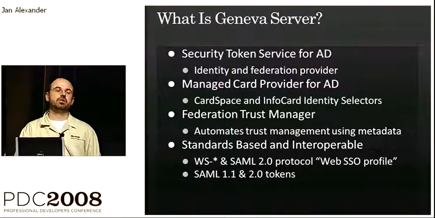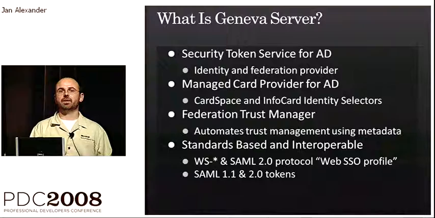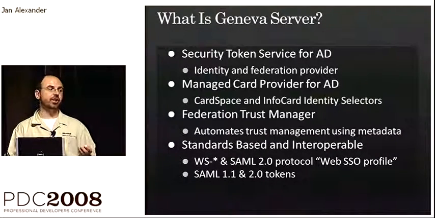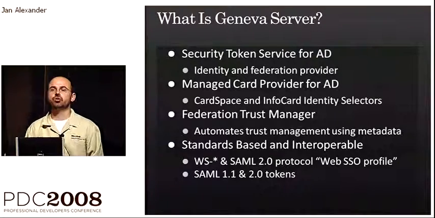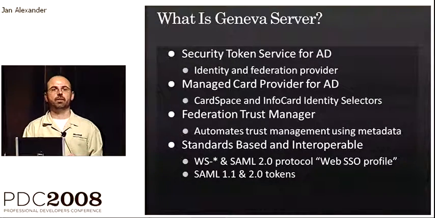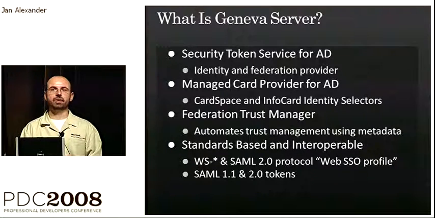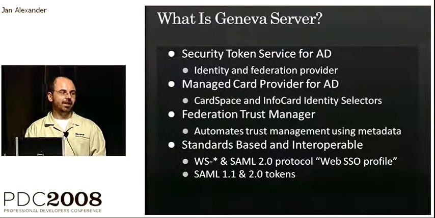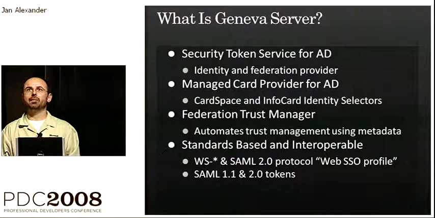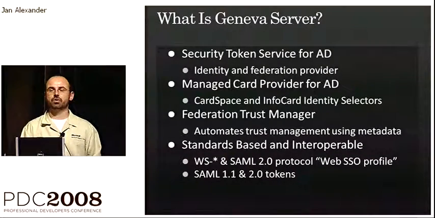In this case, I will be using Geneva server. And Geneva server, as I said, is one example of this fully fledged security token service. It's a generic security token service. It works in conjunction with the AD. That's the current state that you can get on the Connect site right now. We are thinking about expanding that so that you might be able to use additional attribute stores.